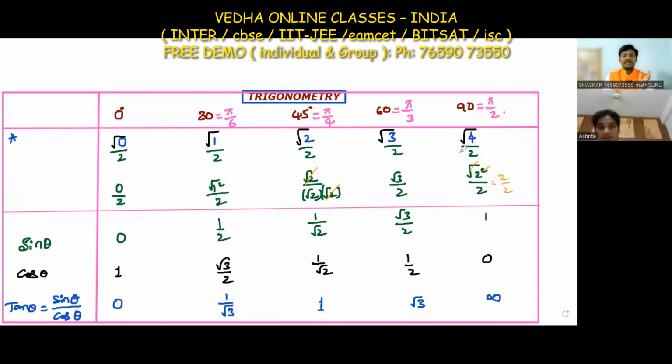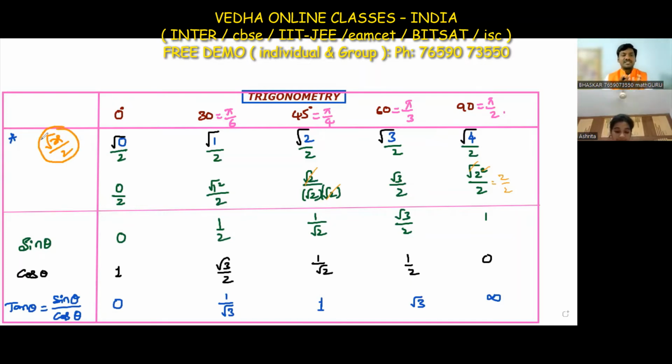And we take the root for all these numbers, root 0, root 1, root 2, root 3, root 4. After taking that, we divide all these numbers by 2. Remember, we are taking the concept of root x by 2.